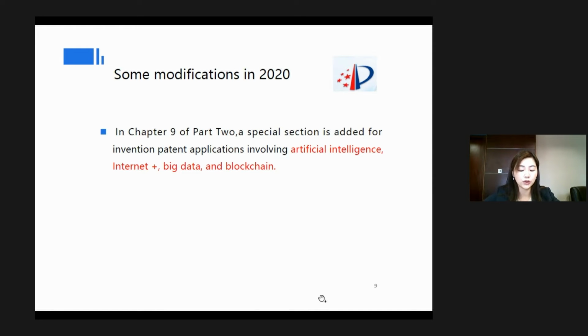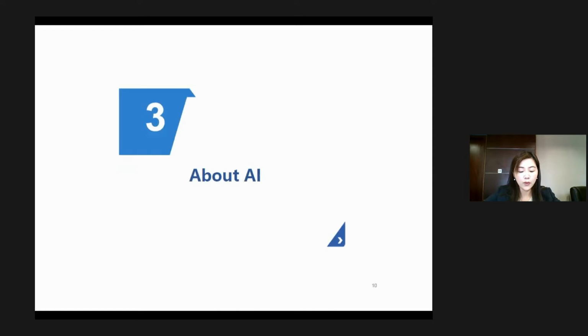In order to address issues arising from the progress of AI technology, in Chapter 9 of Part 2, a special section is added for invention patent application involving artificial intelligence, internet plus big data, and blockchain. Now I will detail the examination standards about AI-related invention.